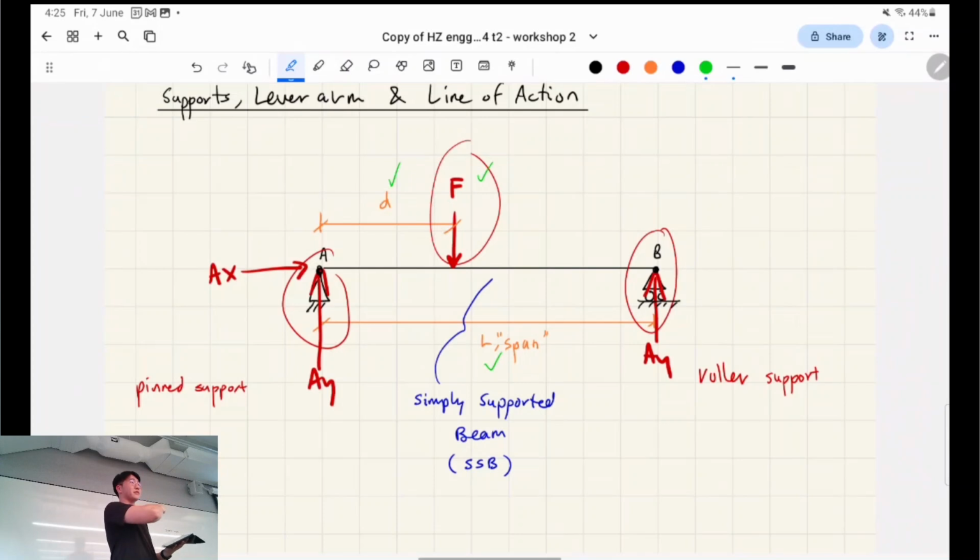That D, by the way, is just the distance from the left-hand side of the beam to where our point load is happening, right? Just pretend we had all these things. Using equations of equilibrium, we can actually solve for these unknowns that I've just talked about. AX, AY, oh sorry, that's called BY.